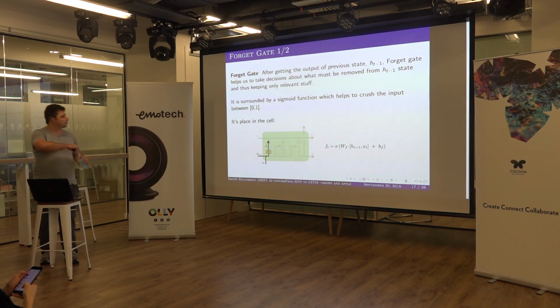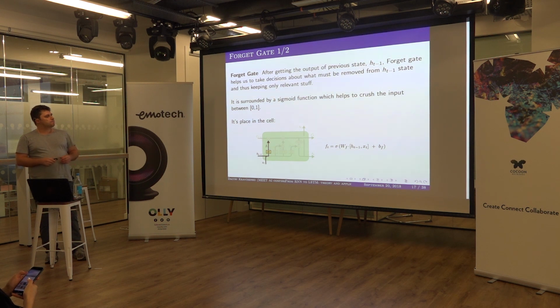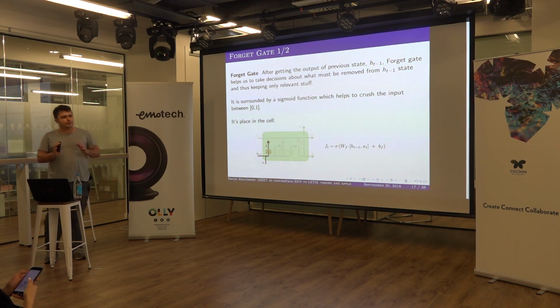So the sigmoid function squashes the value between 0 and 1, and this sigma and hyperbolic tangent, what they do is basically they act like counters.